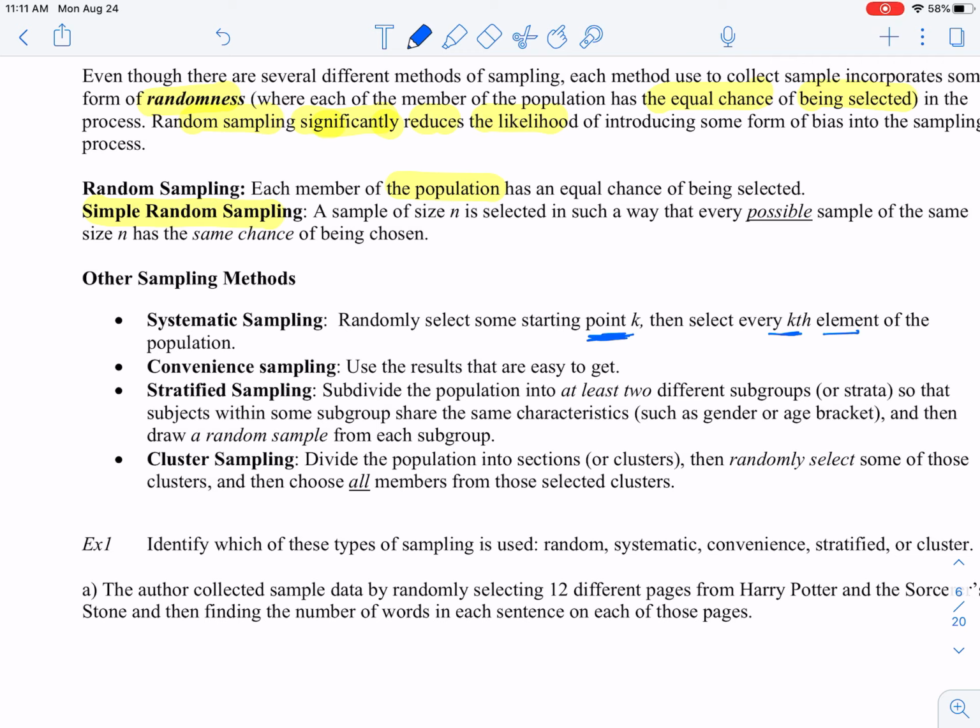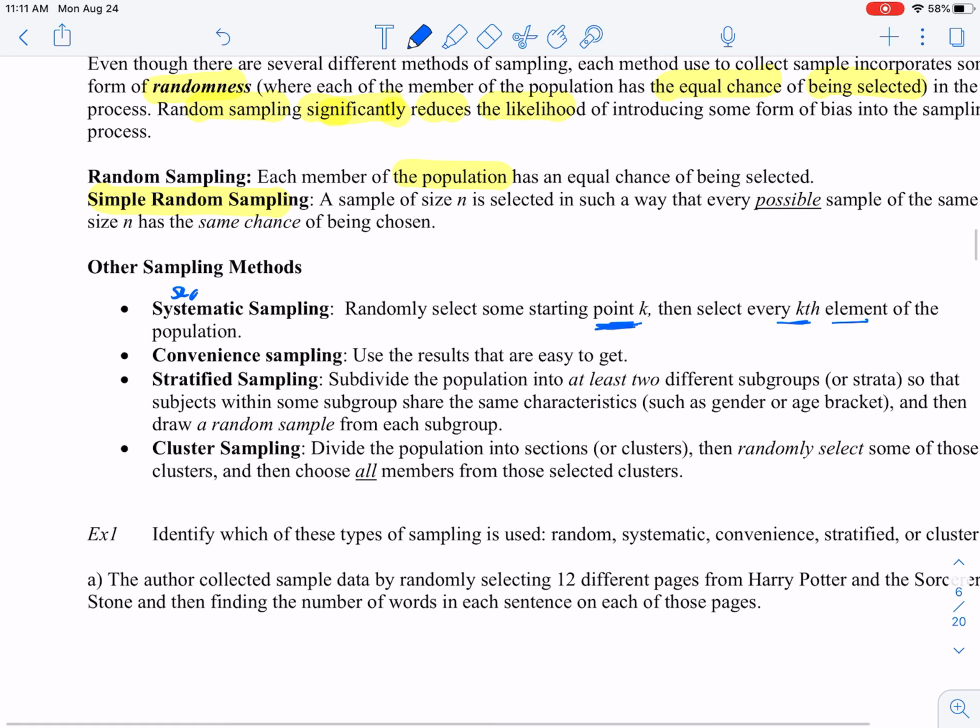Think about a classroom: we pick the first person, then we say, okay, we're going to pick every third person in a row or something like that. So some sort of kth element. We're not selecting the entire population, just a part of it, but picking in a systematic, numerical or mathematical sequence. Think of a sequence.